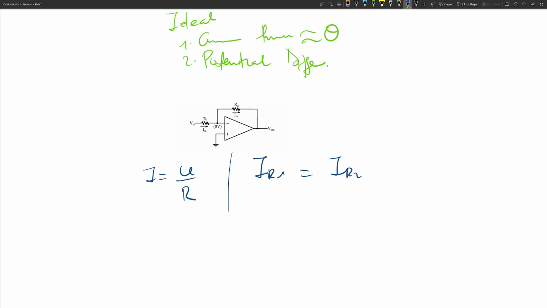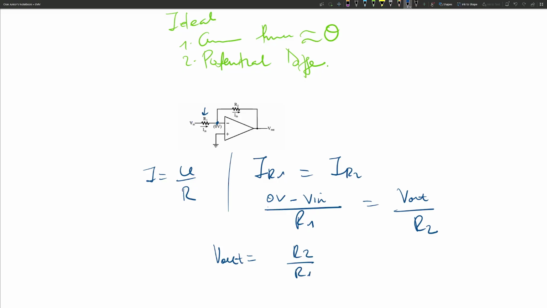So you can express IR1 as this minus that: 0 volt minus V in, divided by the resistor R1, is equal to V out divided by R2. And now it is basically mathematics. So V out is equal to minus R2 divided by R1 times V in.